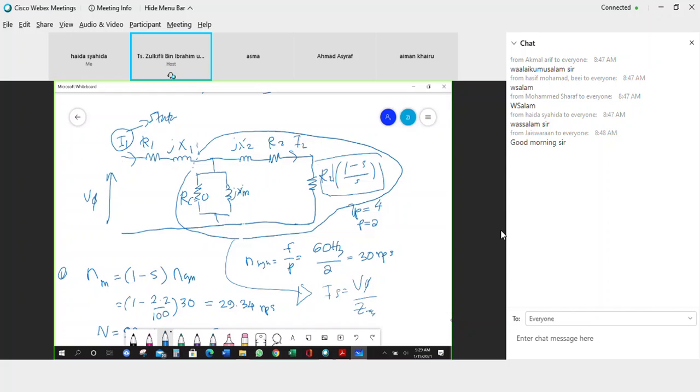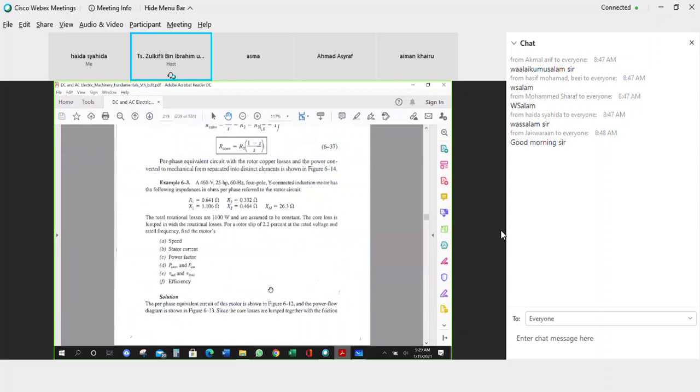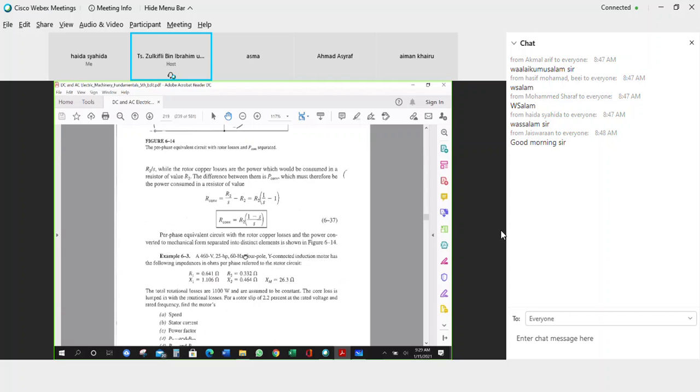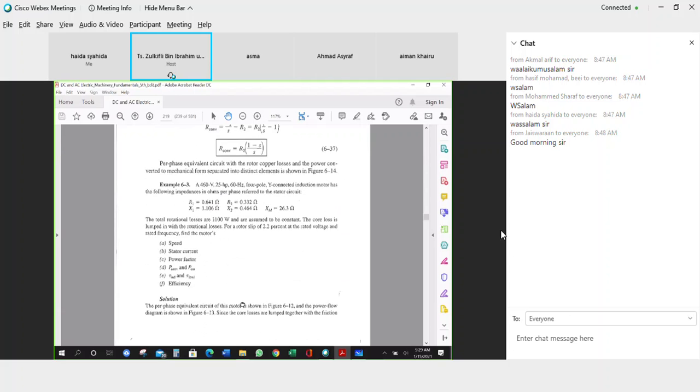So your challenge now is to find Z equivalent. To cut it short, you can refer to these figures, which represent this equation, though the values are not there.